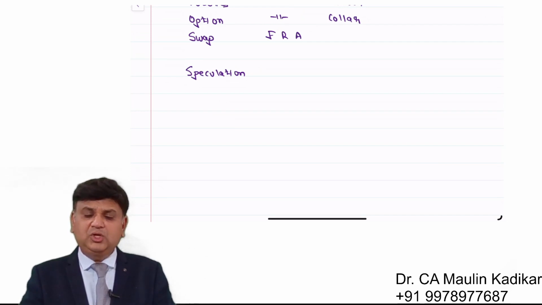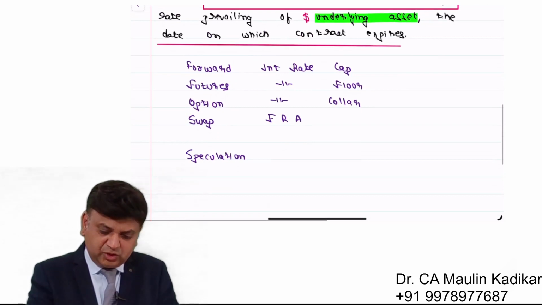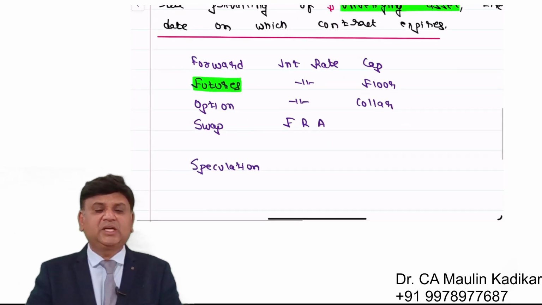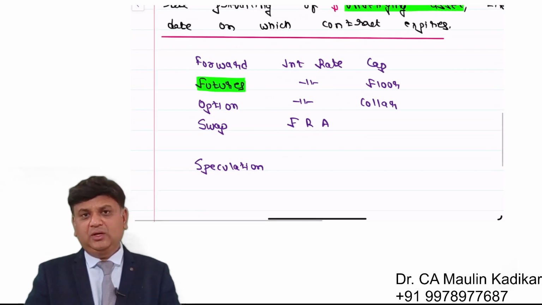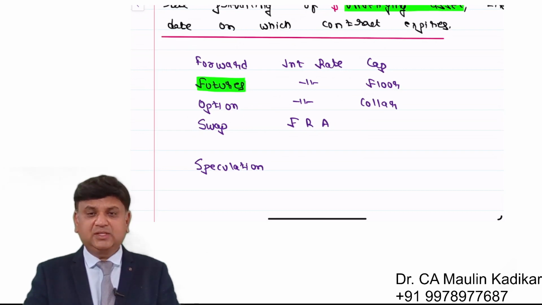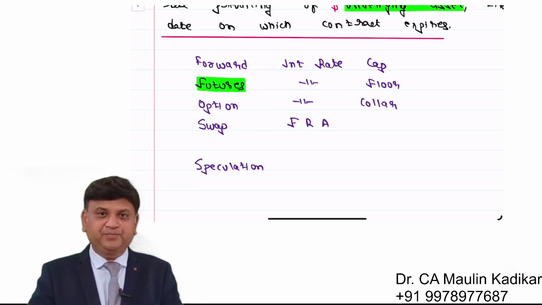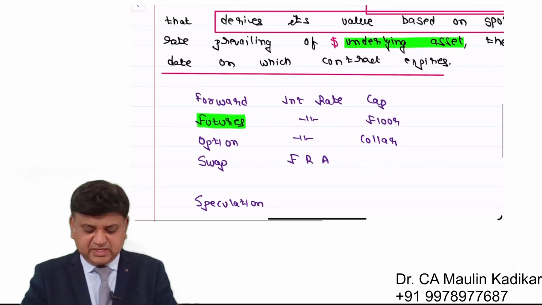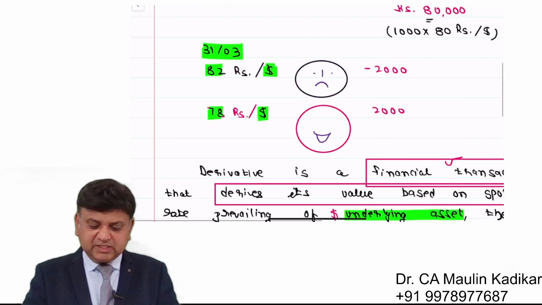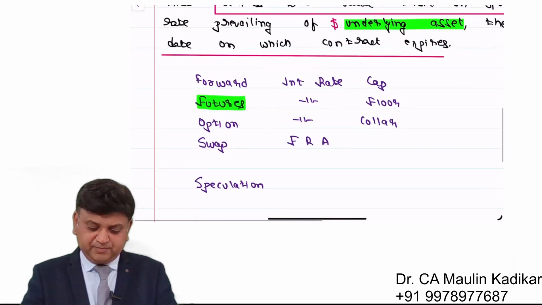So you can enter into a futures contract for Adani company stock, in which you will purchase Adani company, and if the things are favorable, you will make a gain, and if the things are adverse, then you will have a loss. That is what we technically understand. Speculation is one of the reasons for which you will enter into derivative transactions. This is an example of reducing the risk.